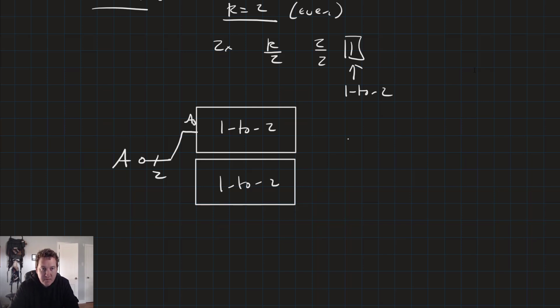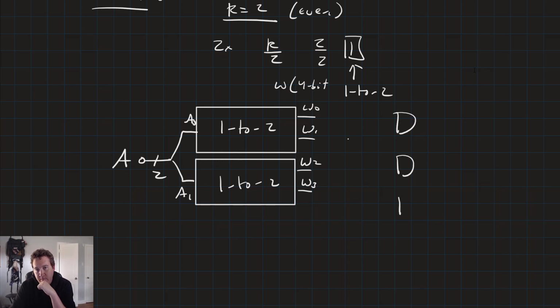First one will get a 0. The second one will get a 1. They each produce 2 bits of output, so we'll need 4 bits of wire. So that'll be W0, W1, W2, W3. And then we'll need 4 AND gates.